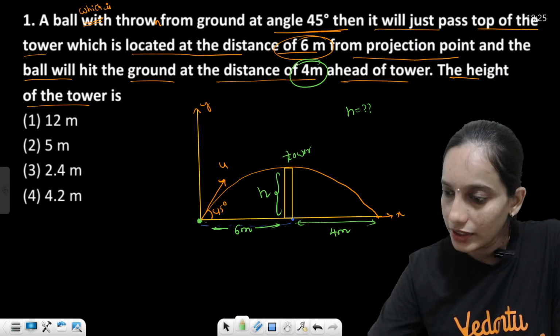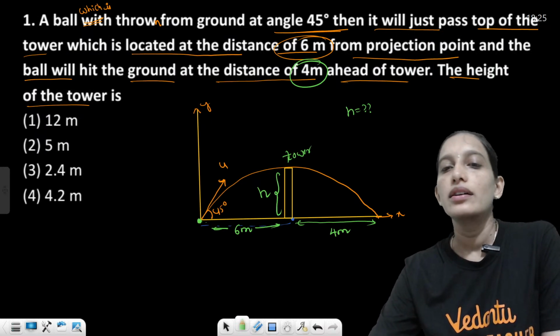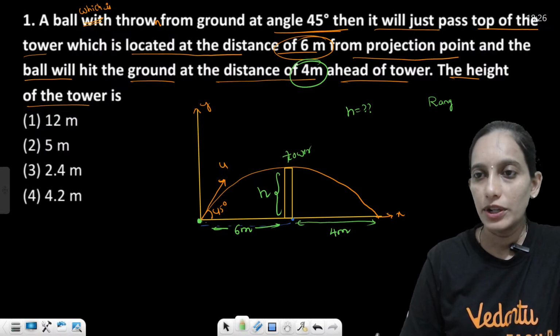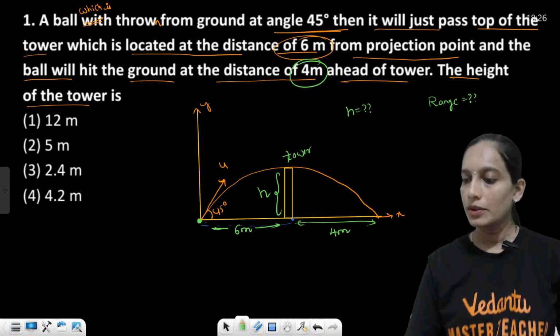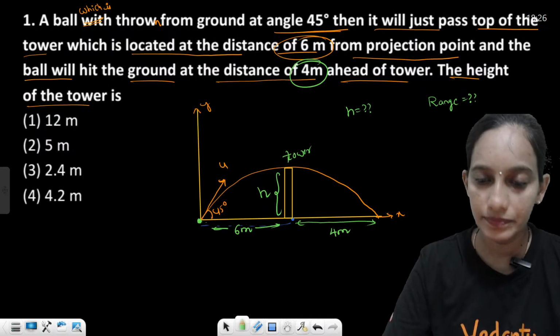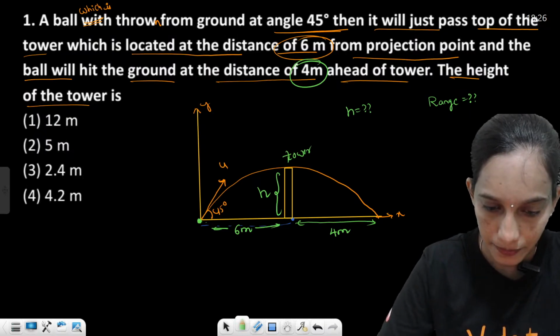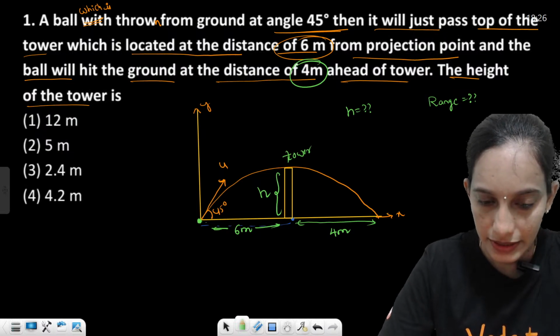So can someone tell me, without working out, from the given data, what is the range of the projectile? Can someone tell me what is the range of the projectile? If I give you some time. Yes, anybody can try?